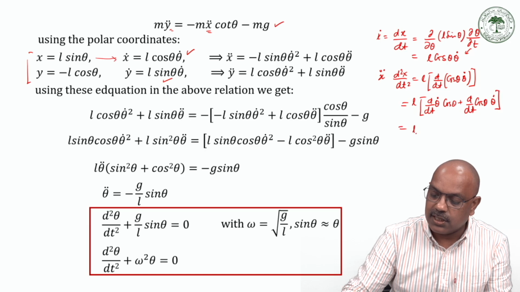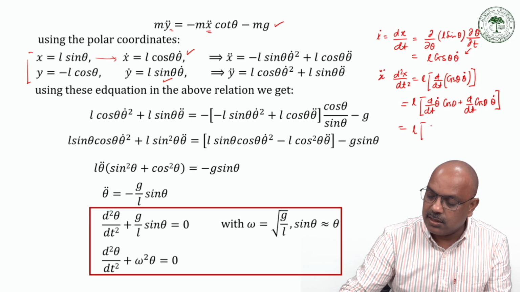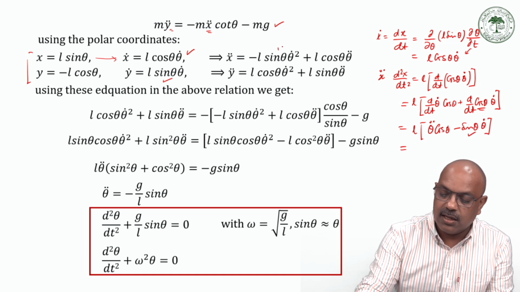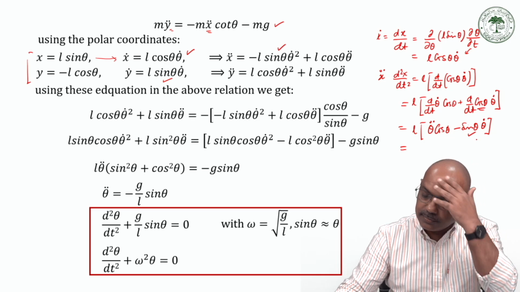What you have is L, theta double dot, and cos theta. And then cos theta becomes minus sine theta, so you have minus L sine theta theta dot.